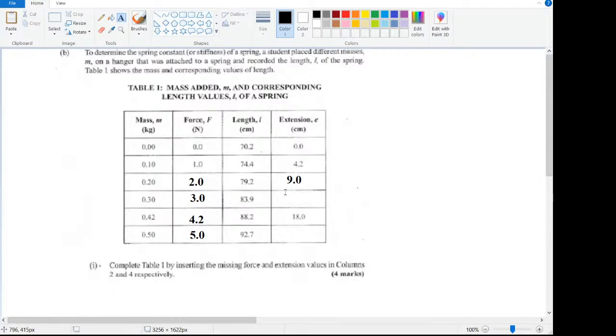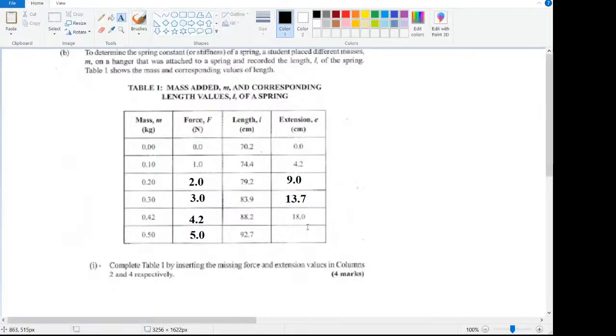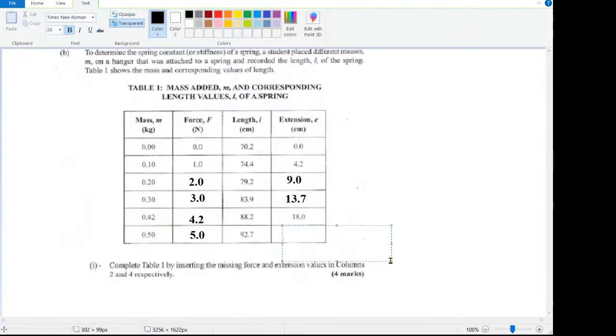So that's 13.7. And 92.7 minus 70.2. So that is 22.5.